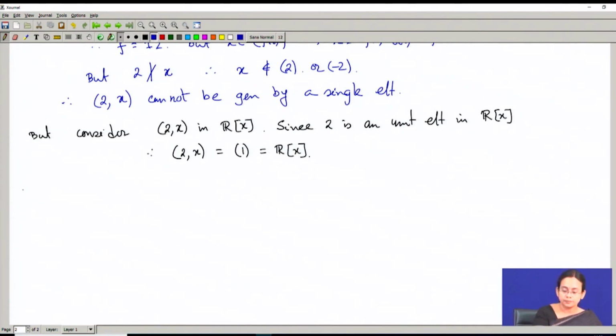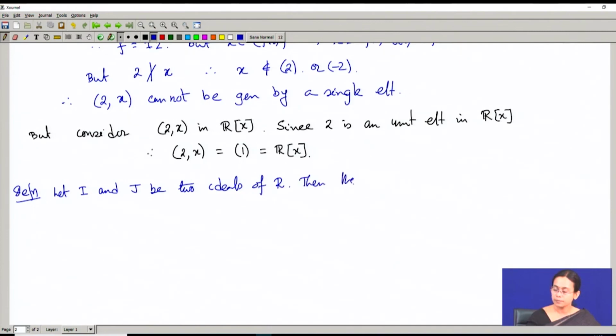So, let us start. Let me first define what I mean by addition of two ideals. Let I and J be two ideals of the same ring R. Then the sum of these two ideals I and J is defined as follows.